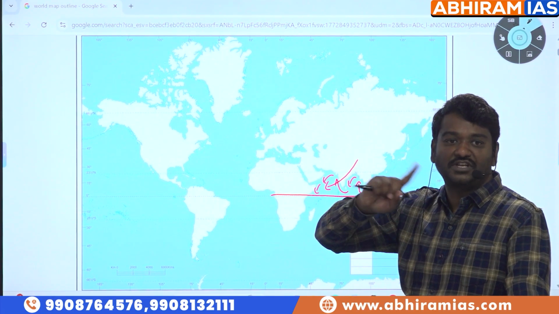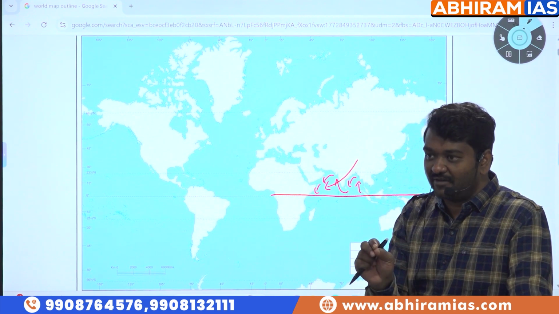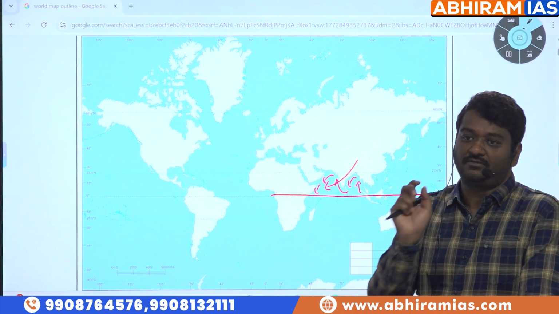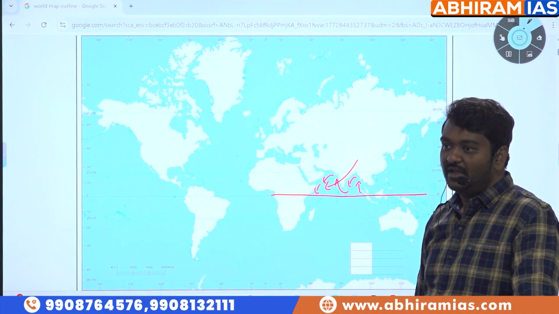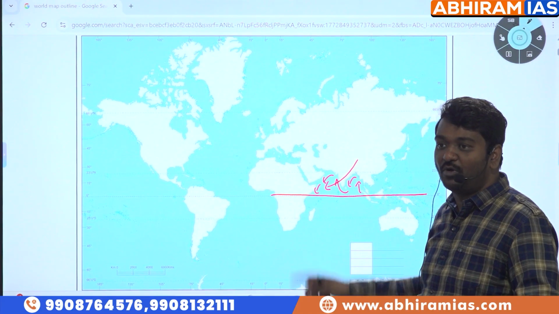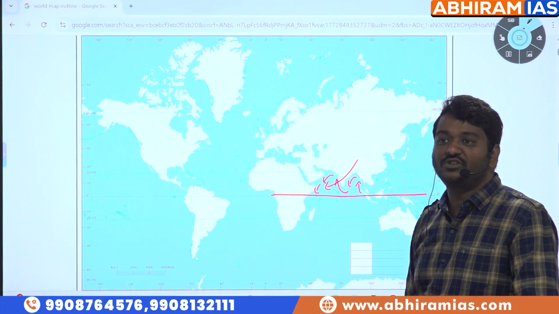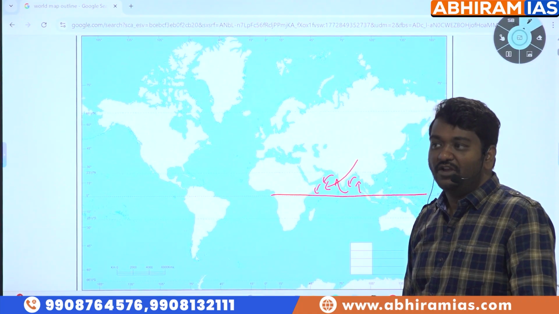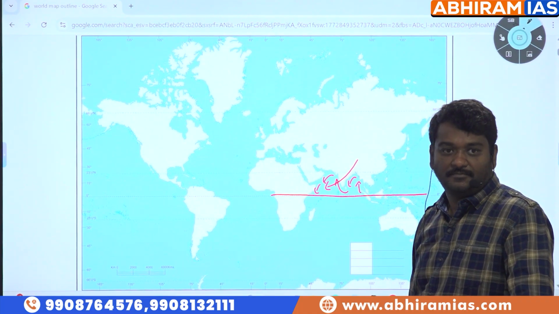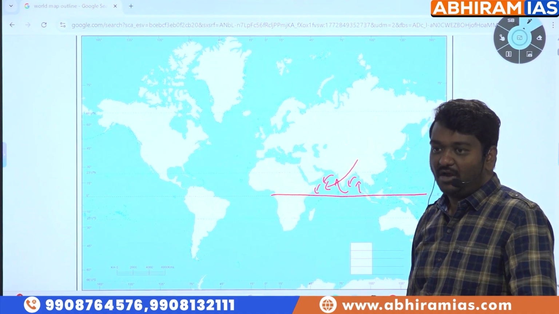Ocean water also changes. Only the North Indian Ocean will have seasonal change in ocean current direction. Second, is it anywhere connected to the poles? No. If it is not connected to the poles, can I say there is no cold water? Yes. The North Indian Ocean does not have cold currents.